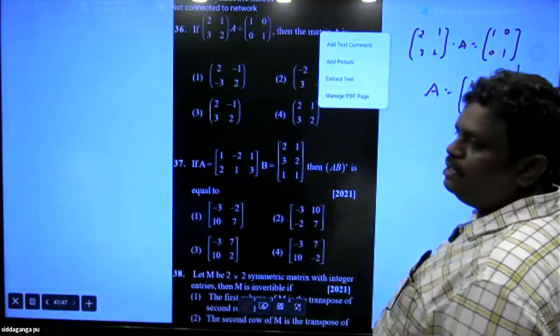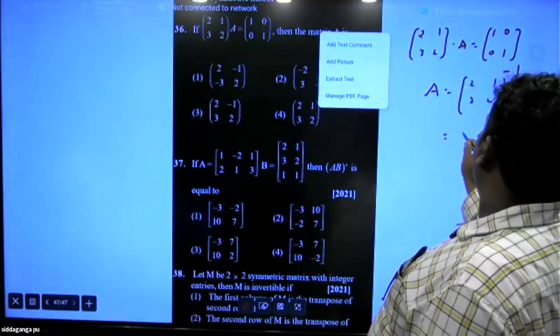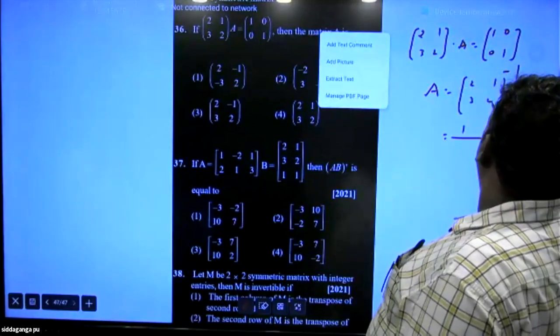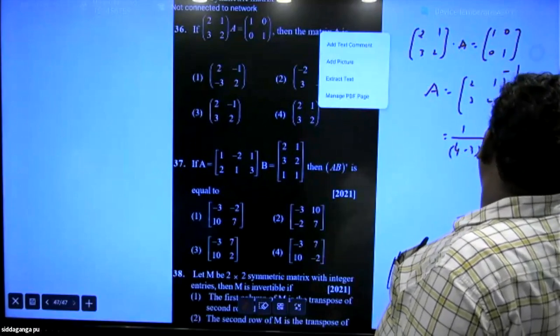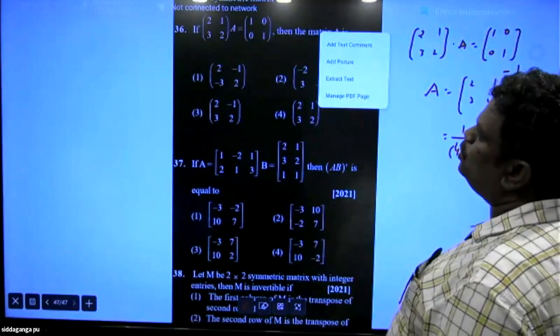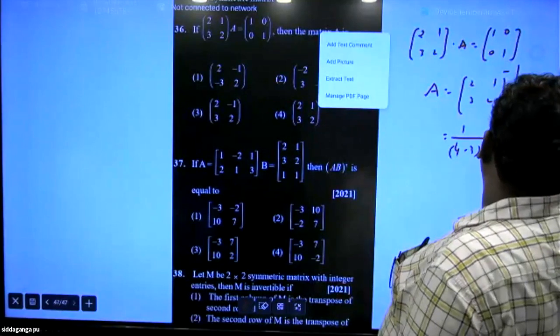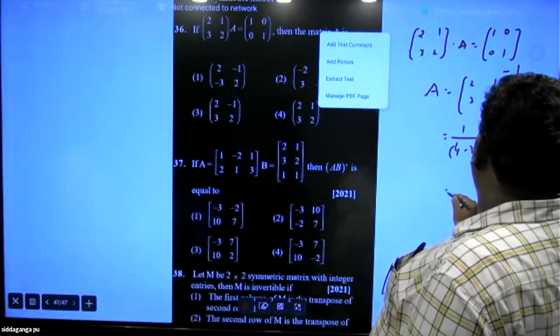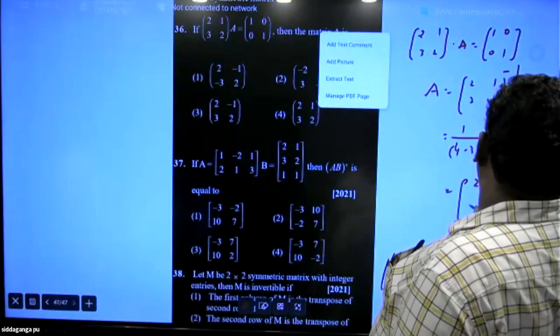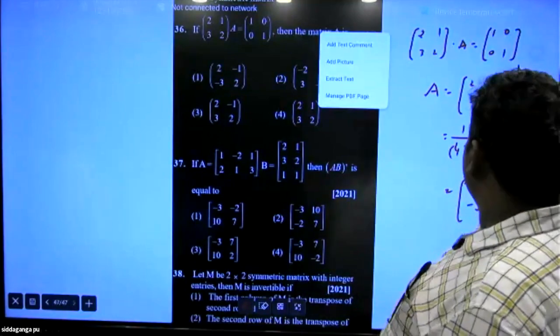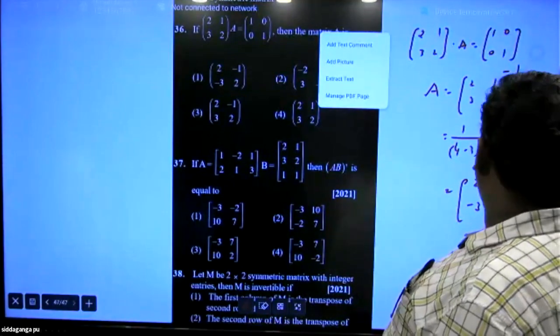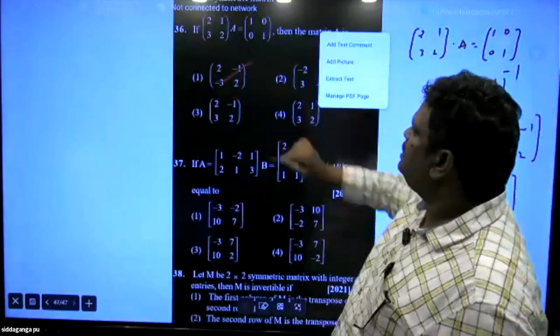Now we find the inverse. First the determinant value: 2 twos are 4, 4 minus 3 is 1. For the adjoint matrix, interchange the principal diagonal elements, 2 2. Next change the signs, -1 -3. So the inverse matrix is 2 -1, -3 2. This is the answer for this question.